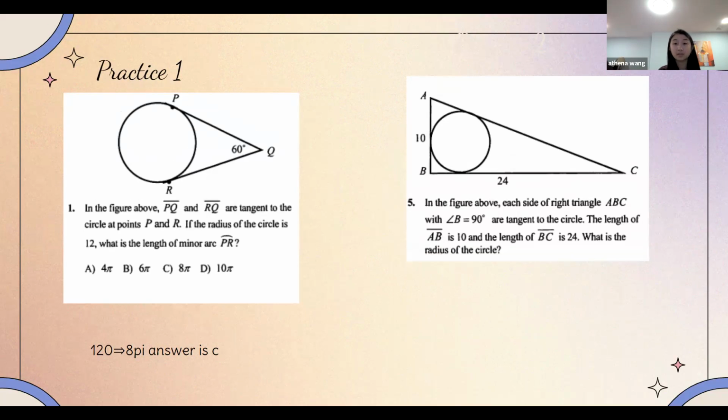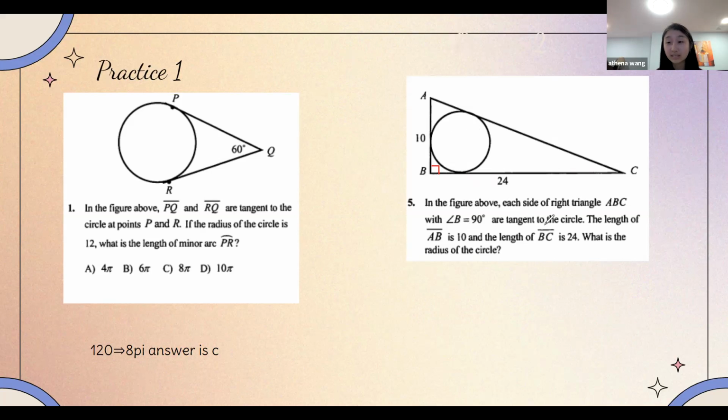Okay, so for this problem, we have two ways. I'll say both methods are pretty fast, but there is one that is faster than the other. So I'll do the faster one first so you can see. It says that there's this right triangle with B is 90 degrees.